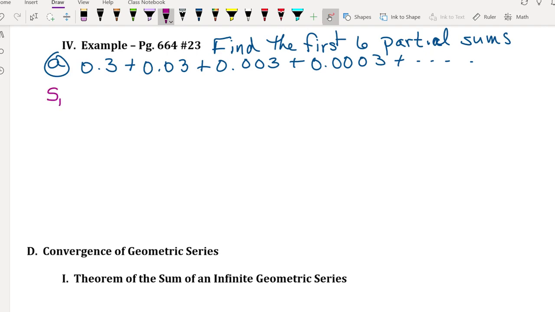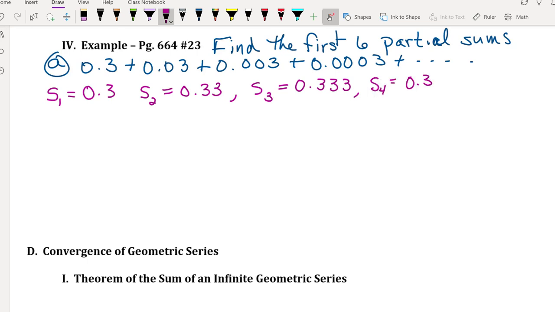Our first 6 partial sums are just going to be adding these terms together. S1 will just be the first term, because you're adding one term. S2 will be to add the first two together, so you have 0.33. S3 will be to add the first three together, so you have 0.333. The fourth will be 0.3333.